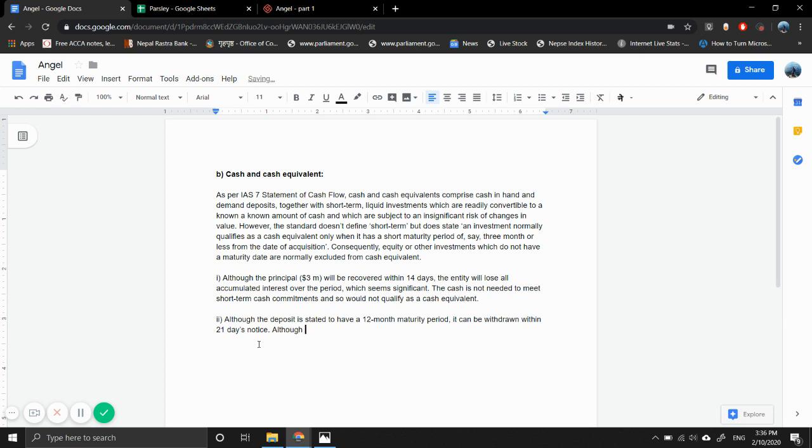Although this incurs a penalty, the reduction in the rate of interest from 3% to 2% is unlikely to be considered significant and is in line with the bank's short-term deposit rate, right?